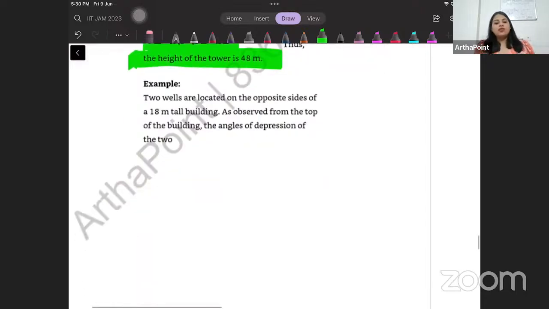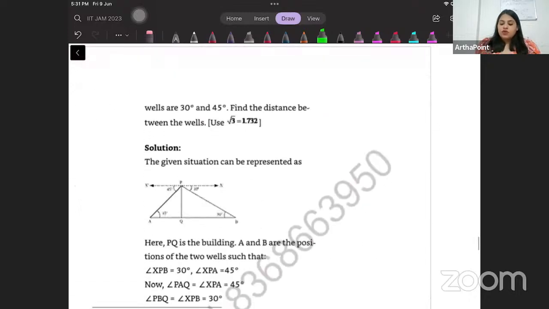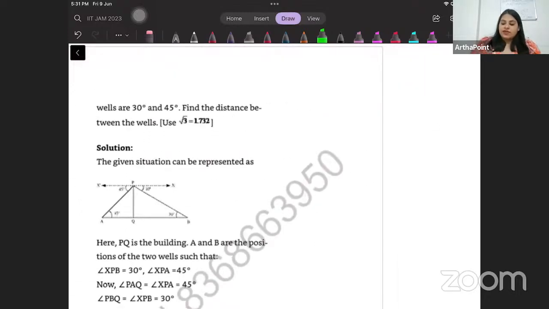Okay, let us take one more question now. Two wells are located on opposite sides of an 18-meter tall building. An observer from the top of the building sees the angles of depression of the two wells as 30 and 45 degrees. So beta, this is the building.